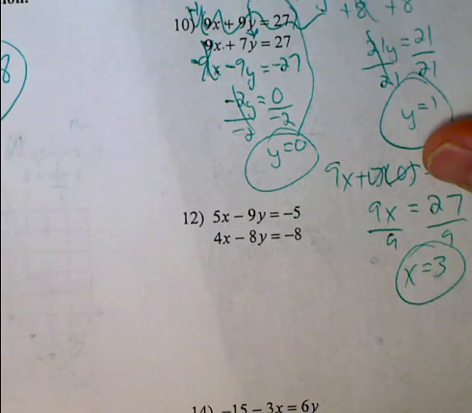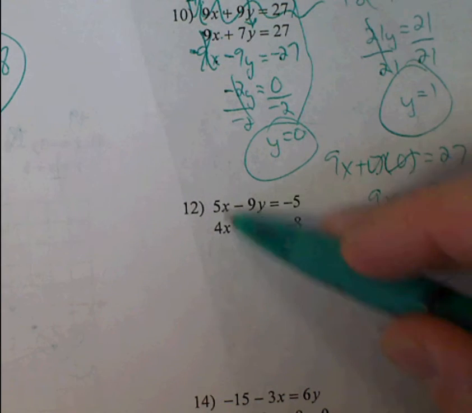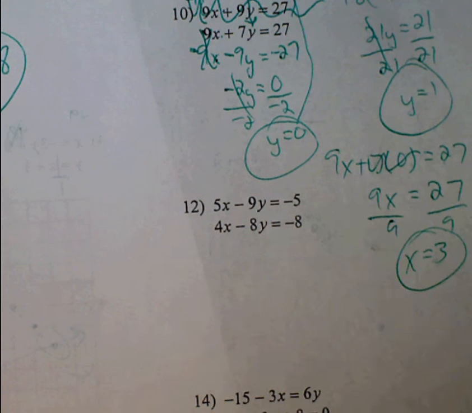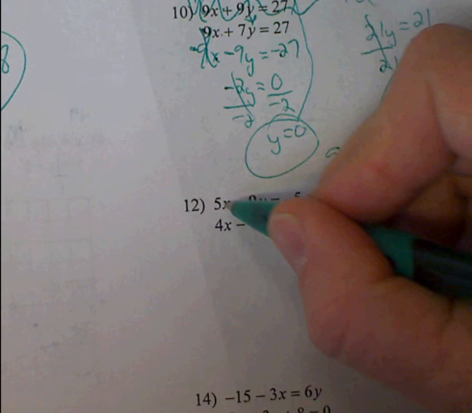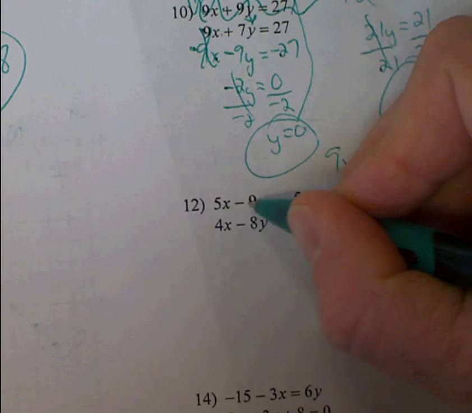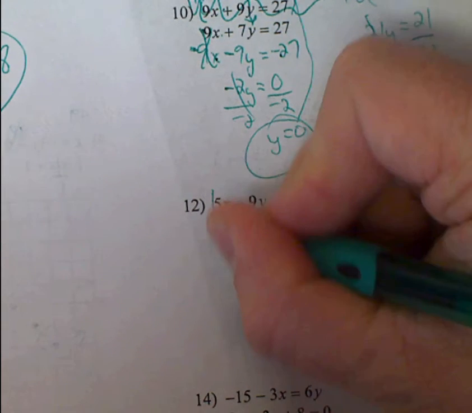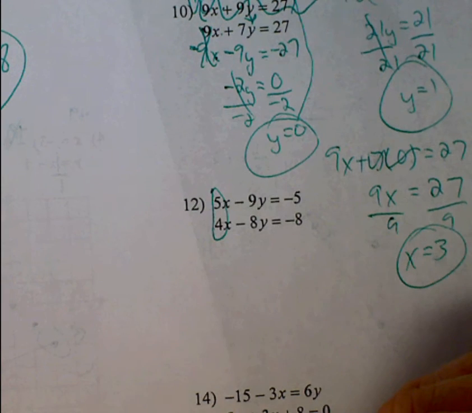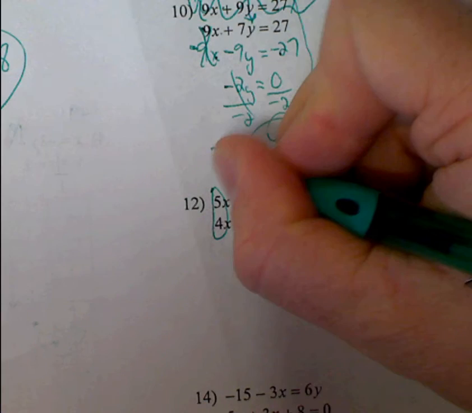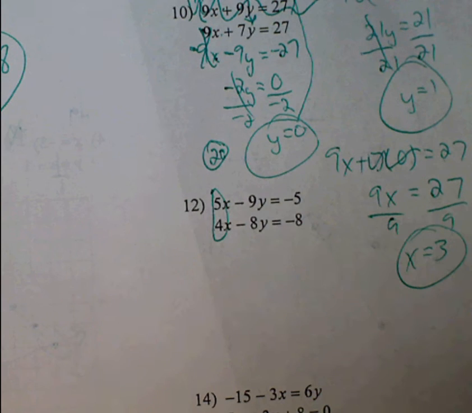All right, number 12. My x's are on top, my y's are on top, my numbers are on top. But I need to choose either 5, 4, or negative 9, negative 8. I'm going to make 5 and 4 opposites. The first number they have in common is 20. So one needs to be positive 20, the other needs to be negative 20.